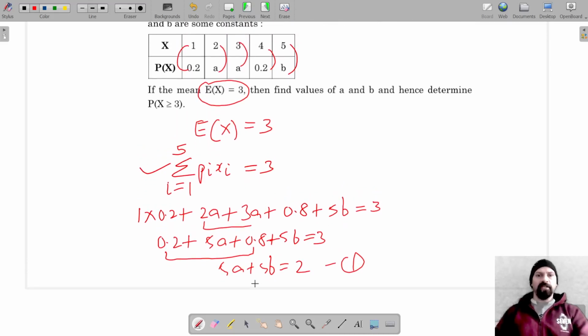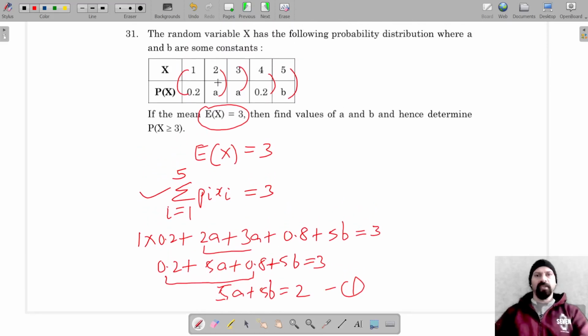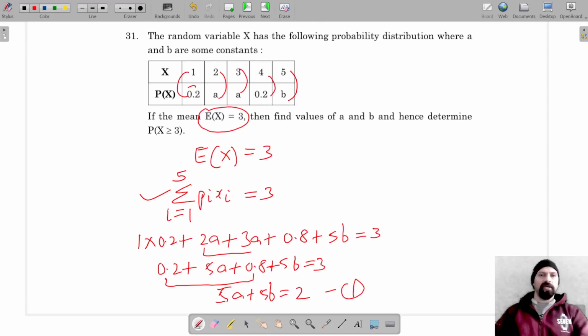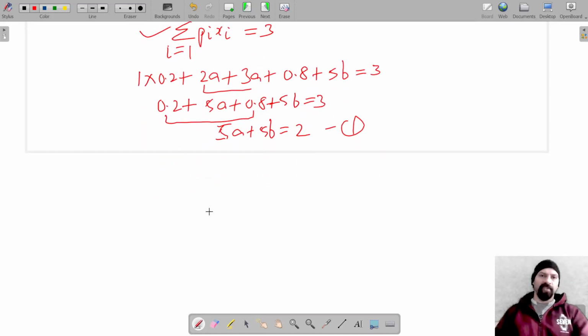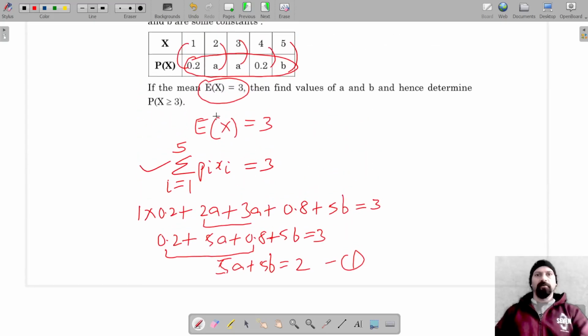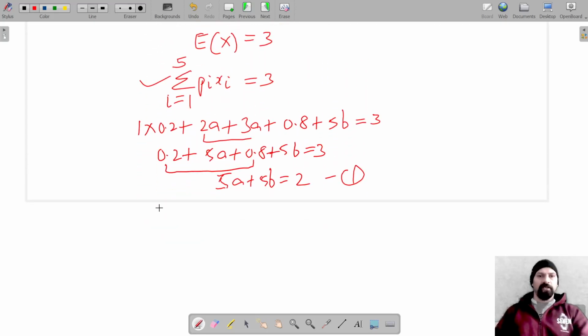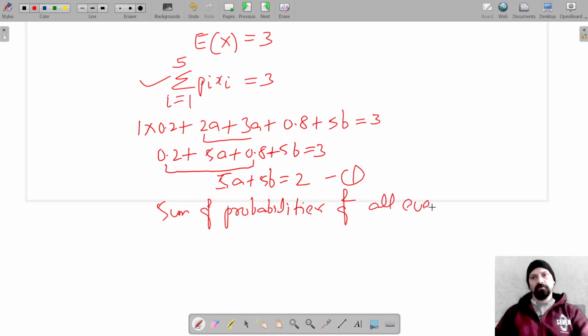Now to find the value of these two variables a and b, we should have a second equation as well. To get the second equation, we know that the sum of the probabilities of all events is equal to 1.